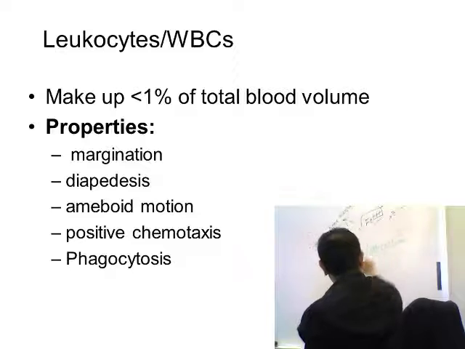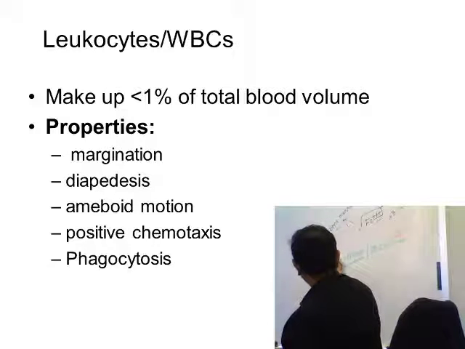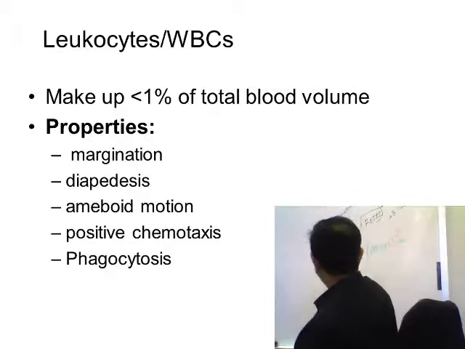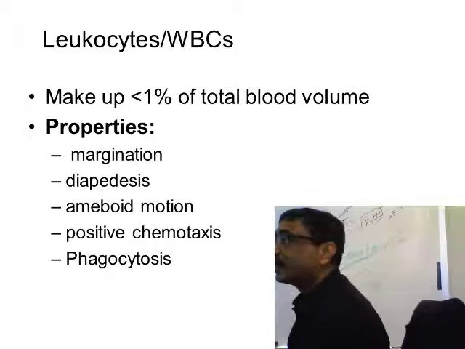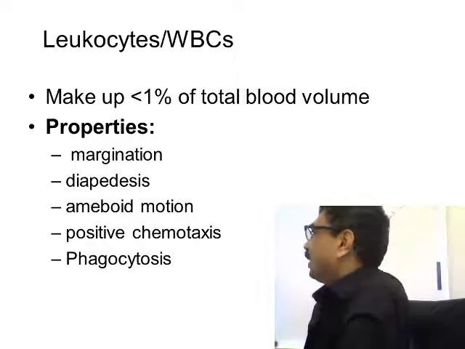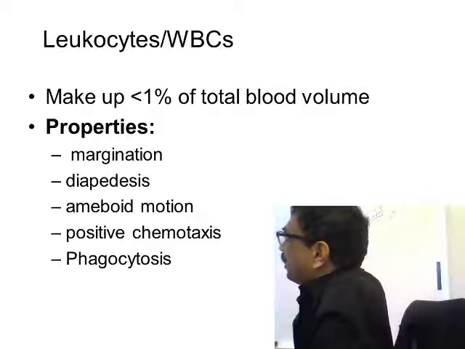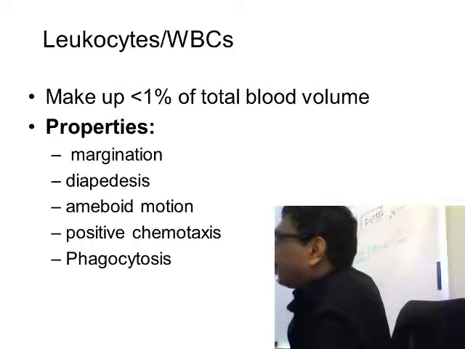That means 4,000 to 11,000. So you see, much lower than the red blood cells. The red blood cell count was 4 to 6 million, right? White blood cells make up less than 1% of total blood volume.